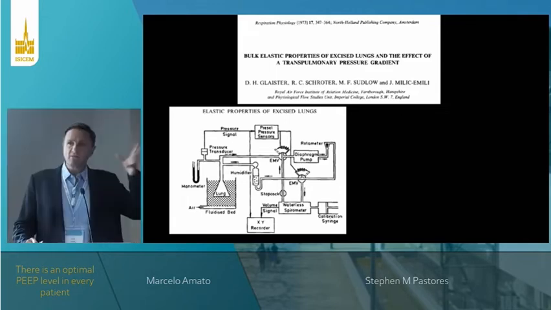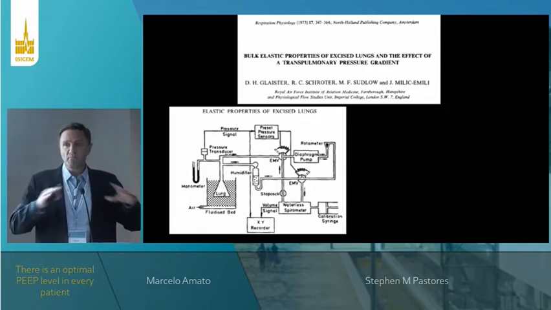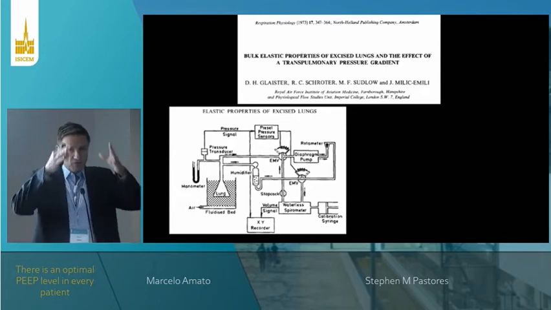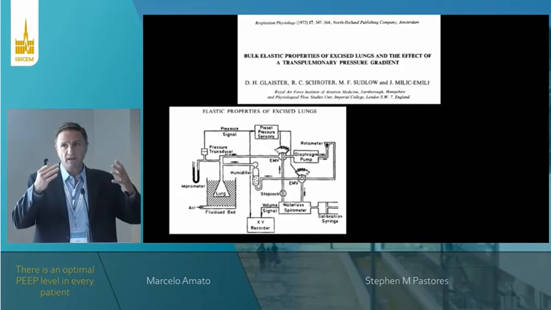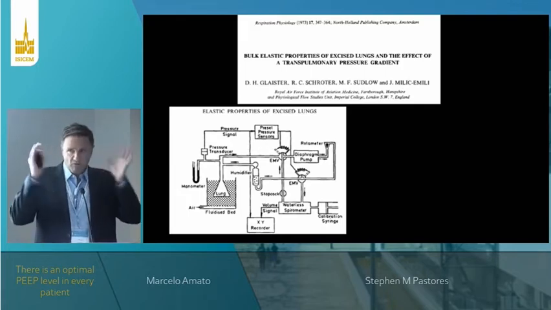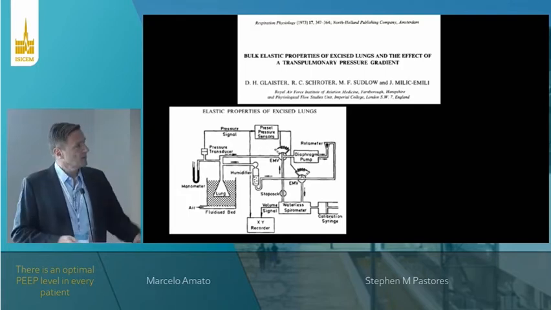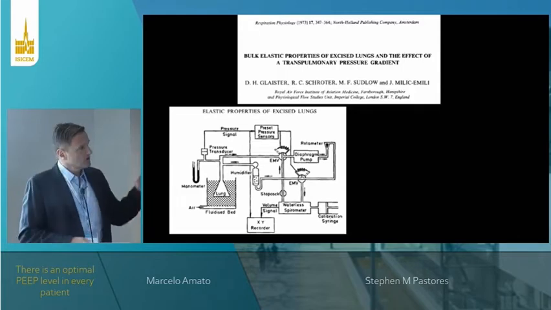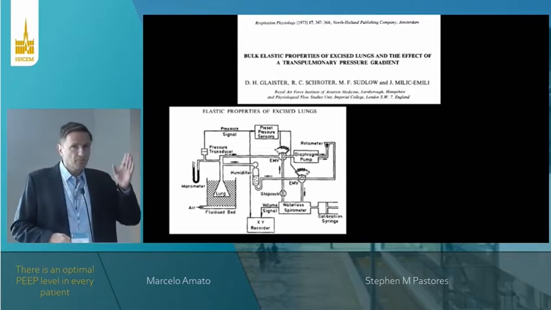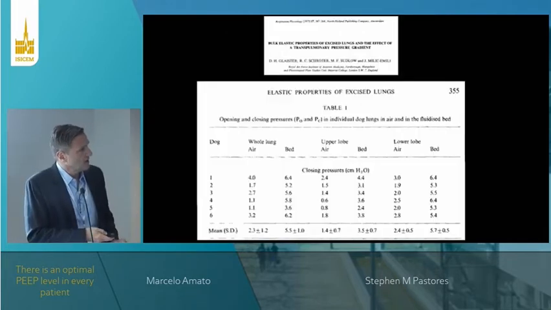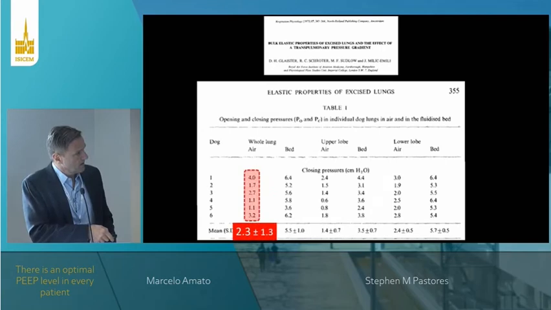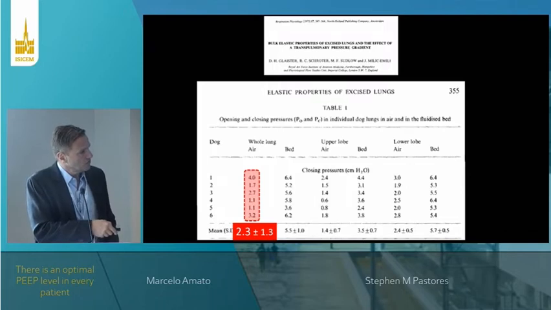These studies were telling me that for most mammals, if you are ventilating the lung surrounded by air, with no pleural pressure surrounding the lung, the closing pressure is +2, maximum of +4, but it's a very narrow range, as you can see in this table. So we have +2 with a very narrow range between 1 and 4.